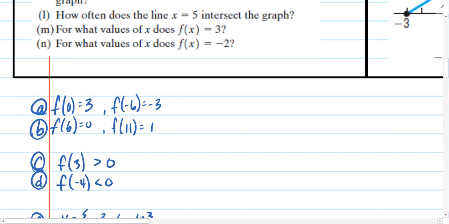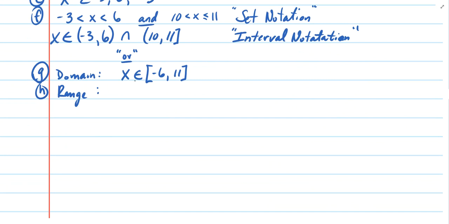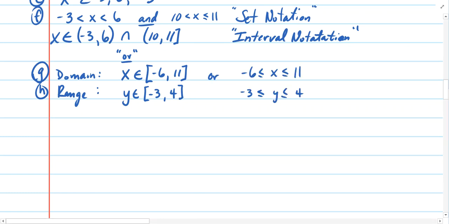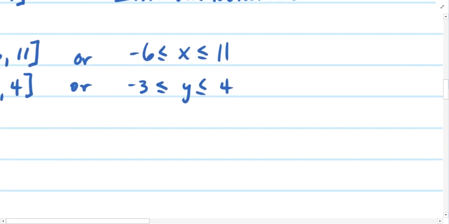So I would say that the range is the collection of y values that are an element of the list from -3 to +4 inclusive, because again the y value could exist at -3 and it could exist at +4 and anything in between. If we were to use set notation, then our domain and range would look something like this.